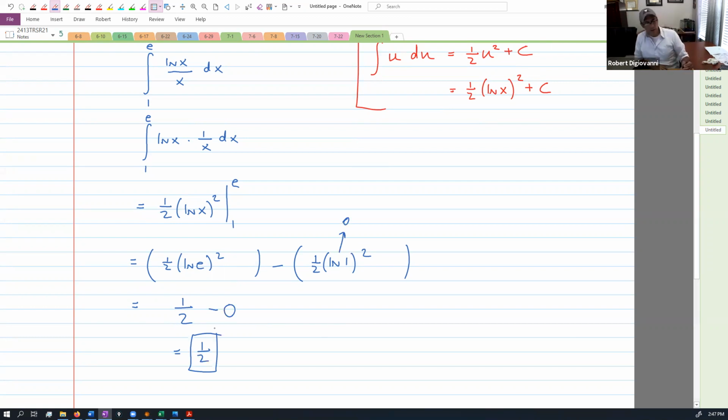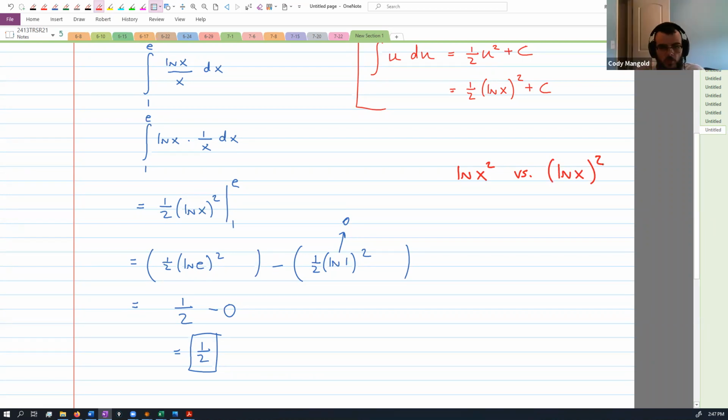By the way, let me just say something about this. There's a big difference between natural log of x, squared, and natural log of x squared. Those aren't the same thing. In the first expression, you could pull the 2 out in front and make this 2 natural log x.